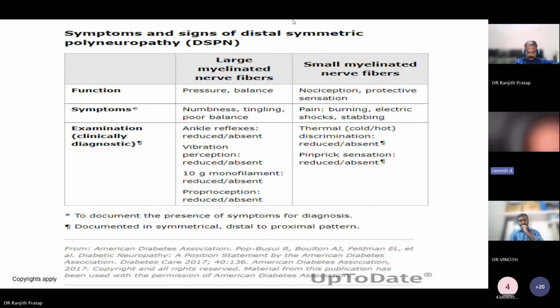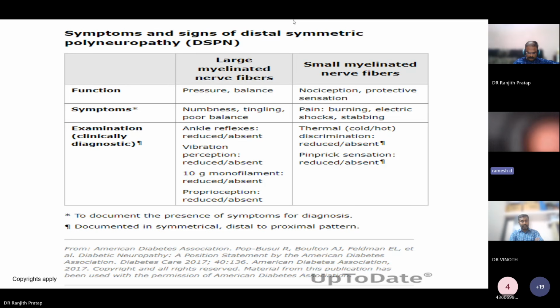We can examine by clinical examination through vibration perception, which may be reduced or absent. Ankle reflexes may be reduced or absent. The 10-gram monofilament test for pressure sense, and also for proprioception. So with these simple tests, ankle reflex, vibration perception, 10-gram monofilament test, and proprioception, we can assess the large fibers, whether they are normal or abnormal.